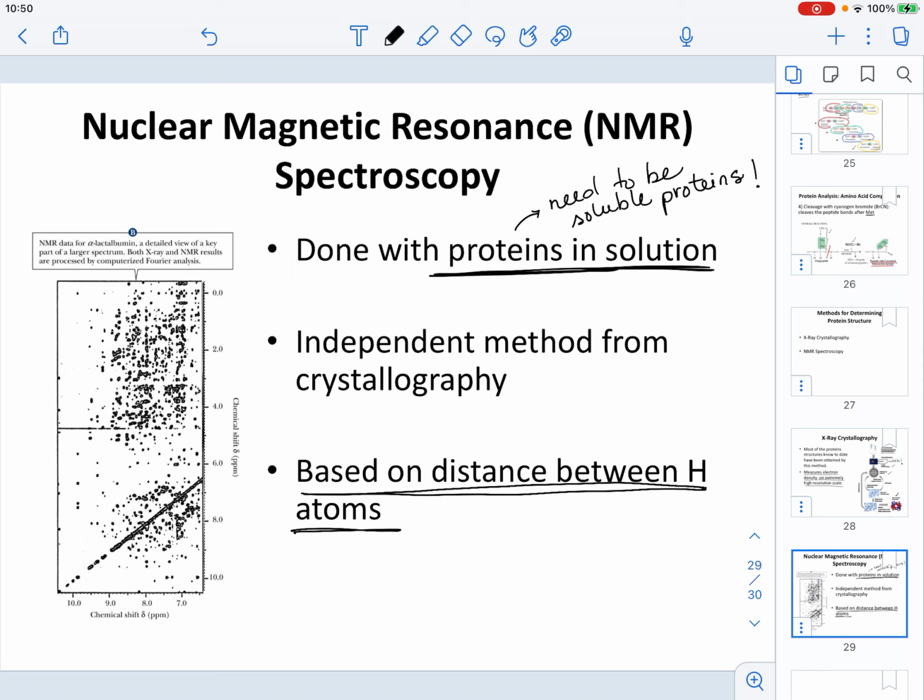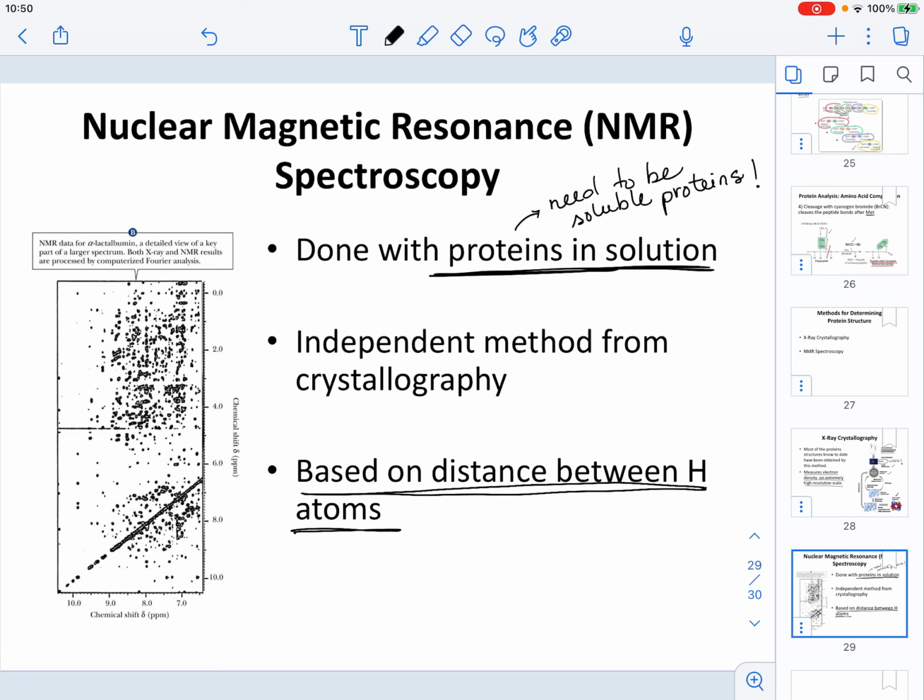To just give you an example of the data that you obtain, you can see on the left side of the slide this little diagram that actually shows you the NMR data specifically for the protein lactalbumin.